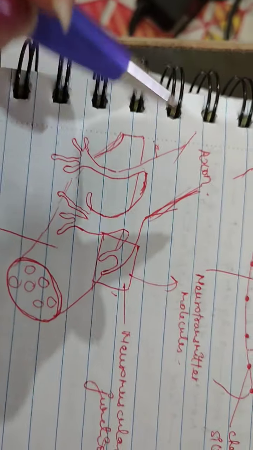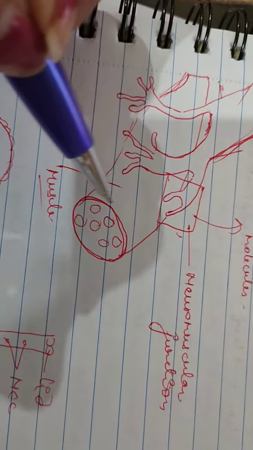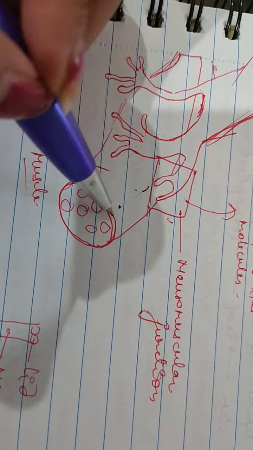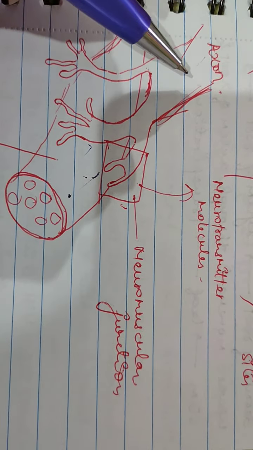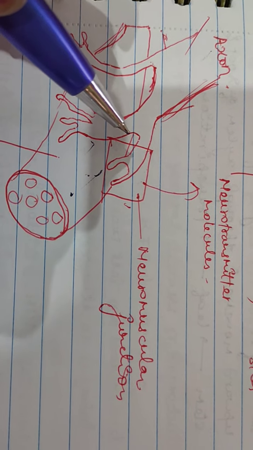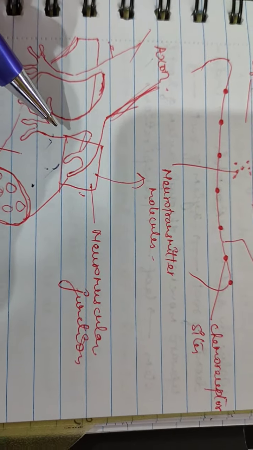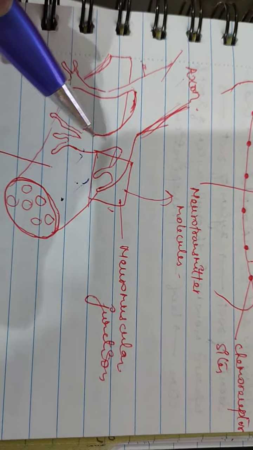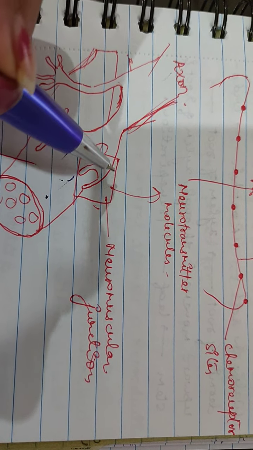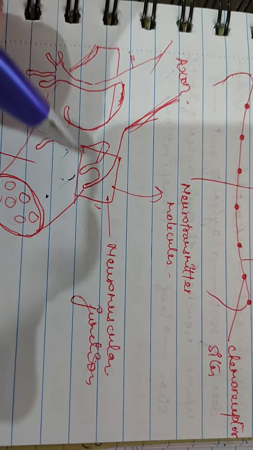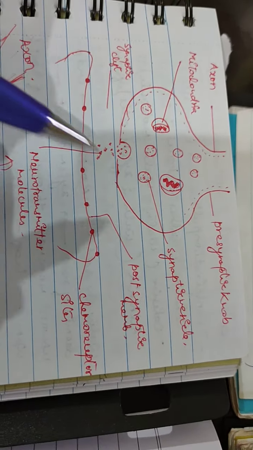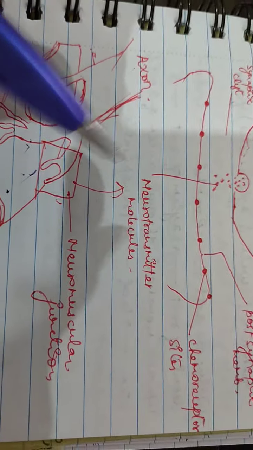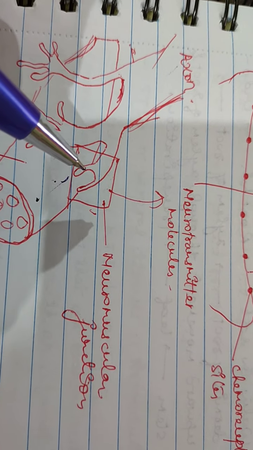You can see here, this is a muscle, and this is an axon which is attached with this muscle. Once you elaborate this particular portion, you can see how the synapse occurs here. I am going to tell you in detail about this.